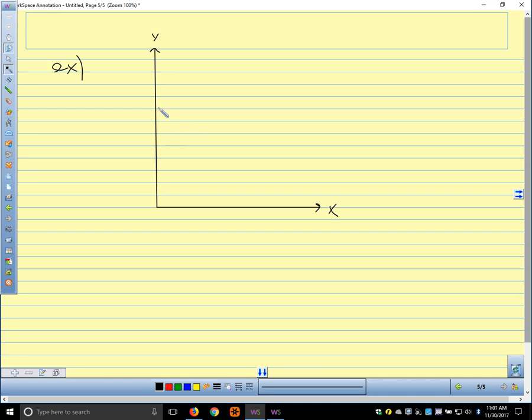One vertex of the triangle is at 0, 4. Another vertex is at 0, 0. And the third vertex is at 8, 0. So my triangle is going to look like this: one side along the y-axis, one side along the x-axis, and there's my hypotenuse.